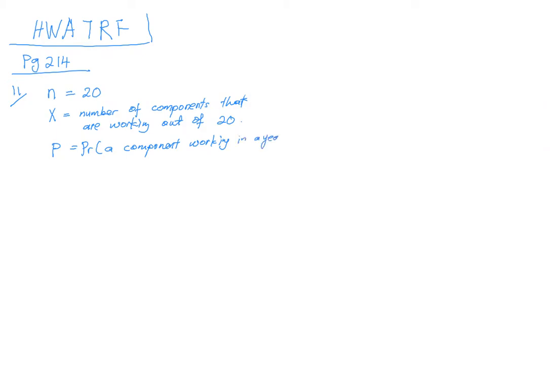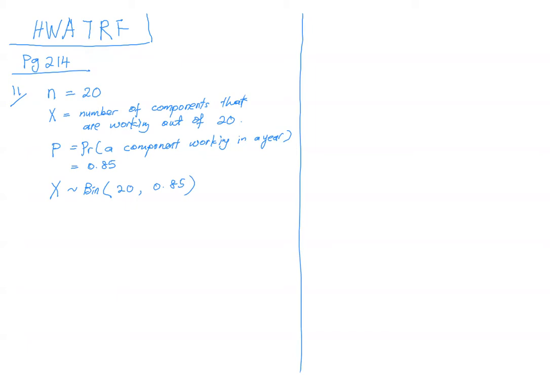Is it in a year? Yes. So what is the probability that a component is working in a year? 0.85. So X will be a binomial distribution. N is 20. Probability of success is 0.85. So every time when you read a question, you have to have this idea.